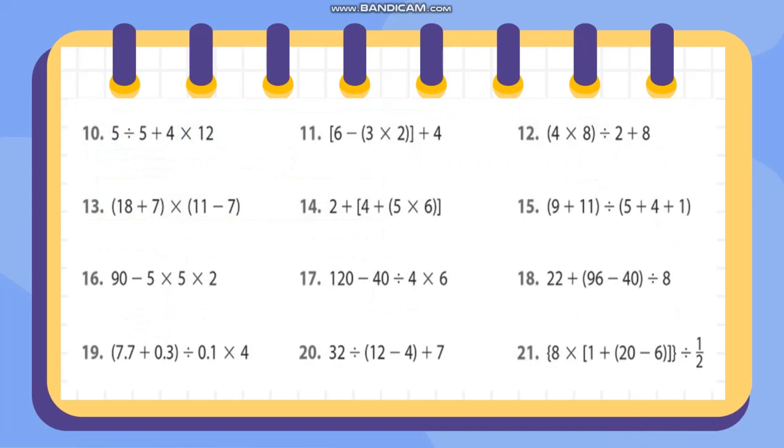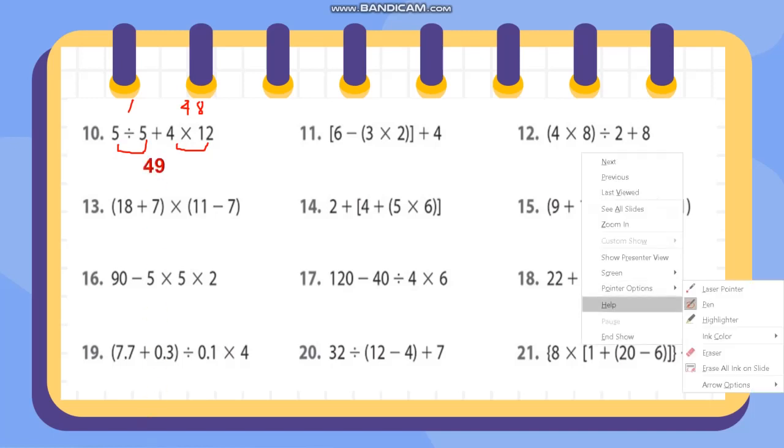Question number 10. 5 divided by 5 plus 4 times 12. In this case, we simply divide first before we multiply, because the division comes first from left to right. So 5 divided by 5 is 1, and 4 multiplied by 12 is equivalent to 48. So 48 plus 1 is equivalent to 49.